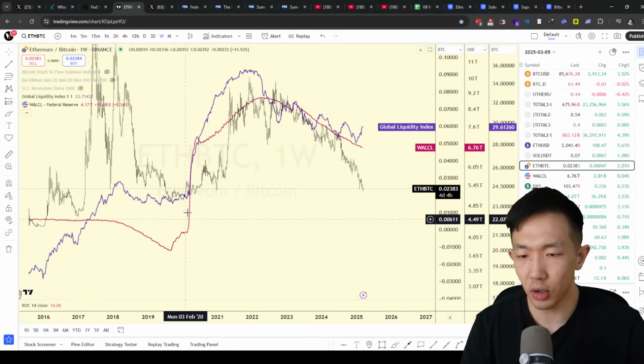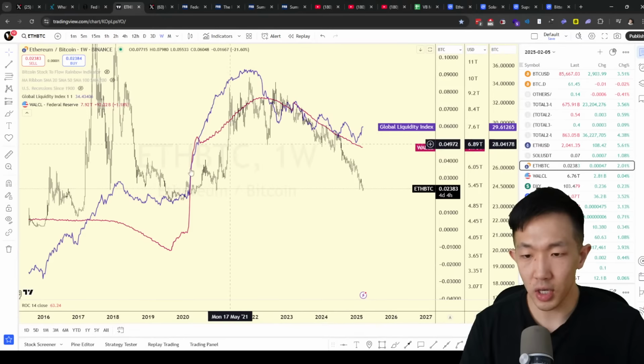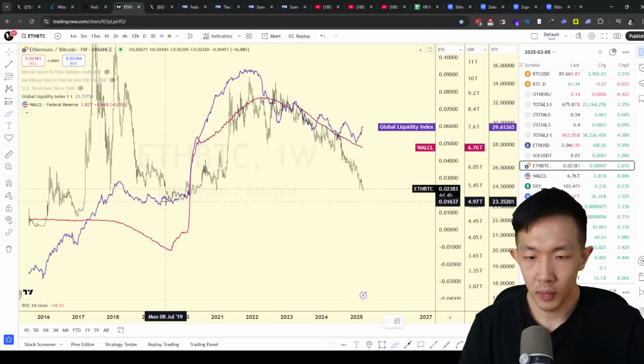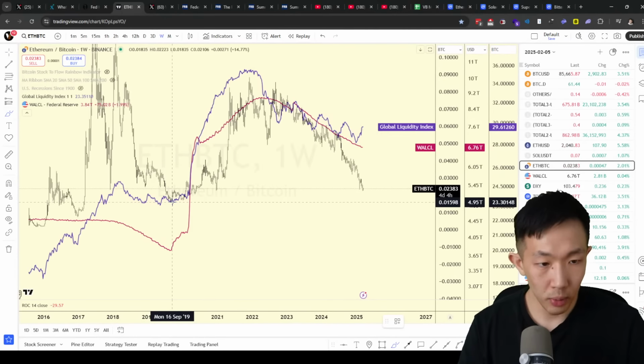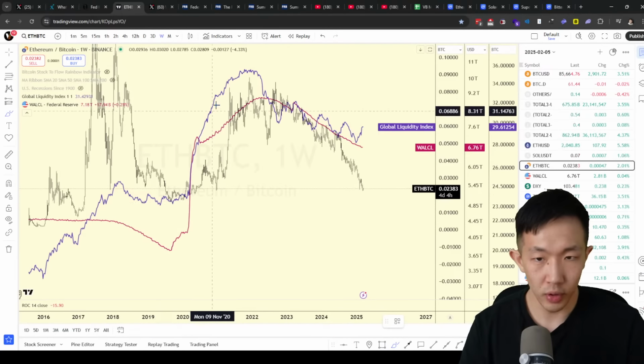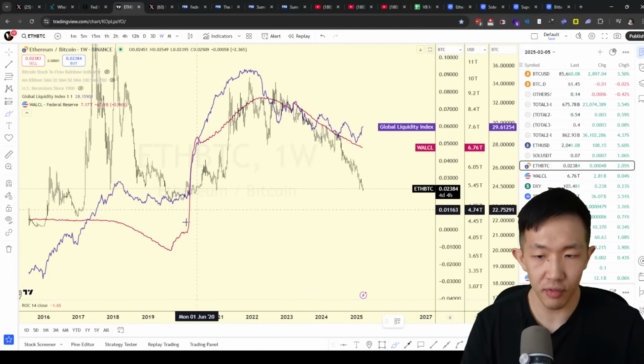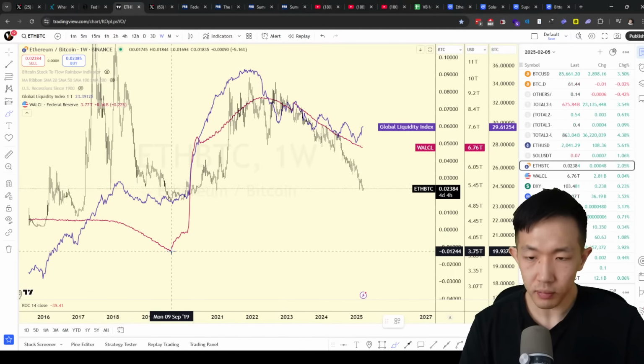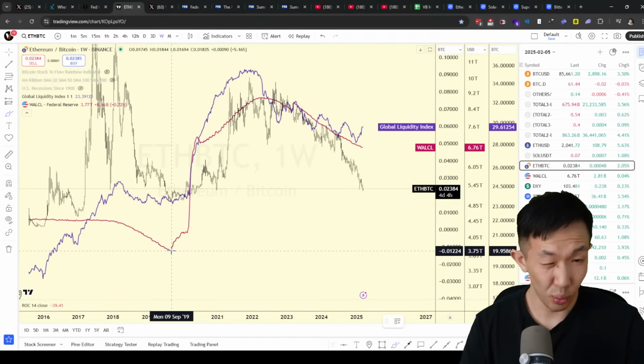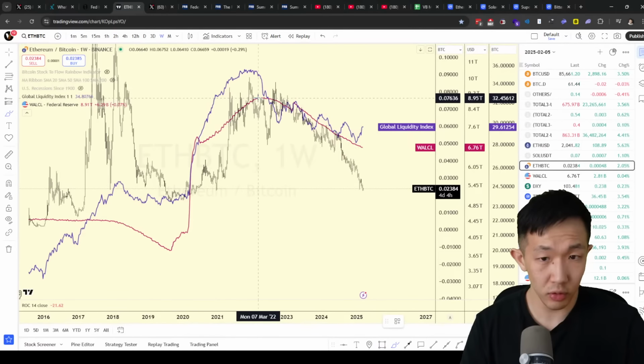And look at the COVID injection of liquidity, where the global liquidity increased by 11 trillion, from 23 to 35. And the US Fed's balance sheet increased from 3.75 trillion to 8.9 trillion.